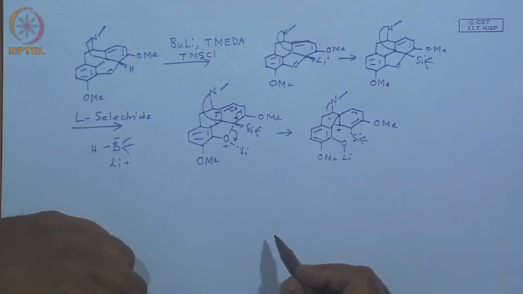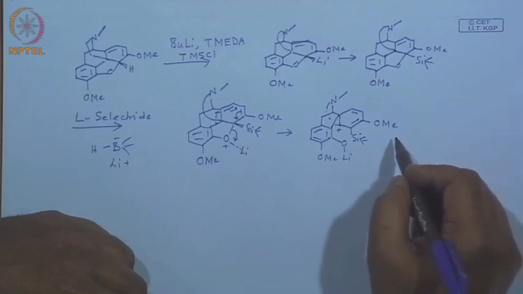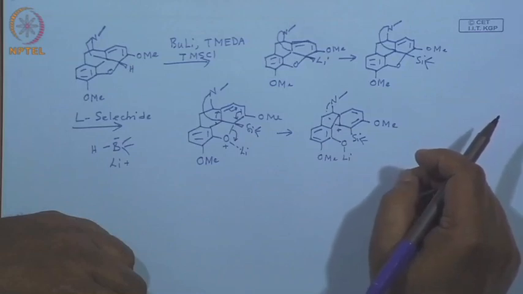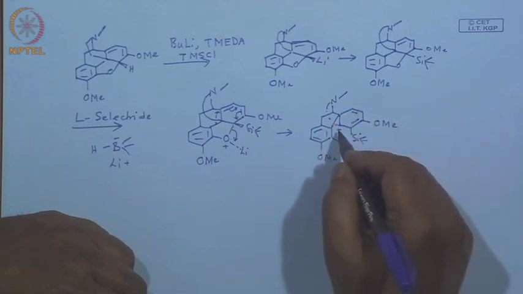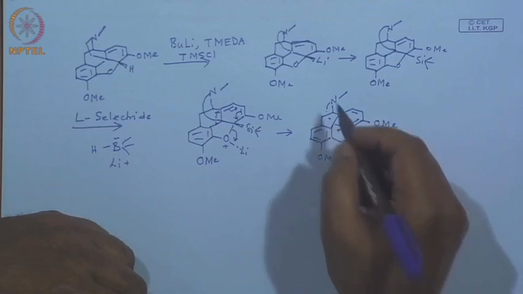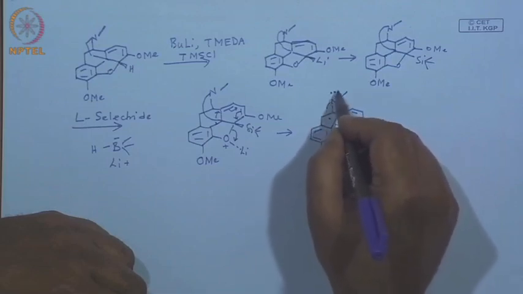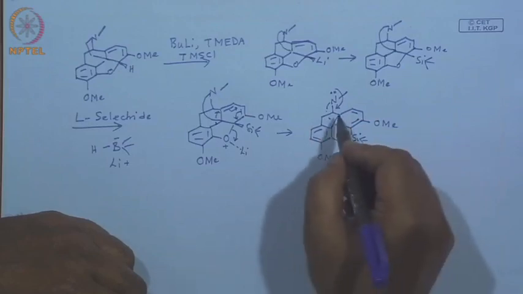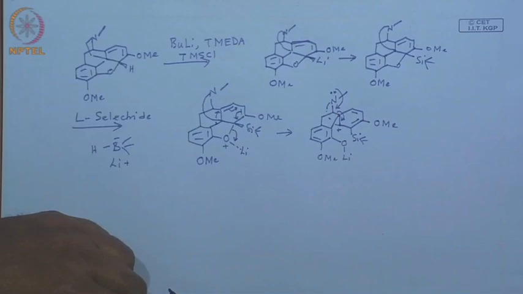What next? So then you have to compensate this positive charge, I mean neutralize the positive charge, and that is done by the lone pair of this. This is the lone pair effect. So, this bond undergoes cleavage.